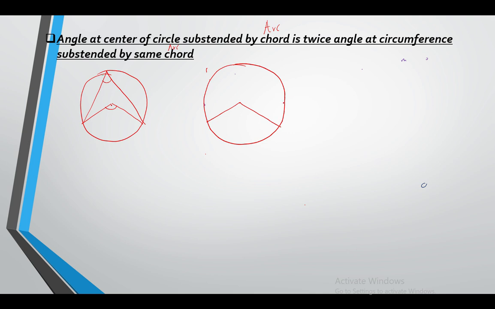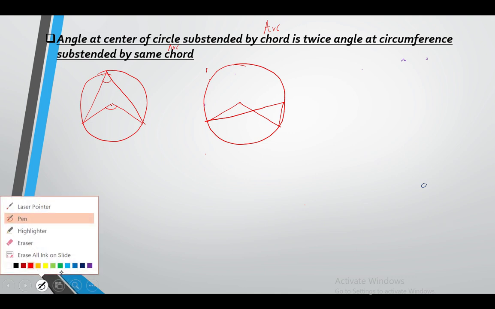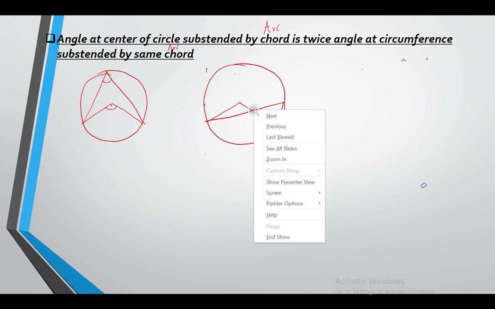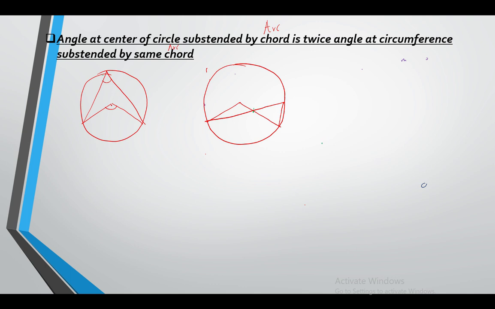But if you look at the line that forms the angle at the circumference, it somehow intersects the line which was making the angle at the center. There is some intersection. Okay, let me highlight this. Yes, there is an intersection here, which we did not have in the first situation.